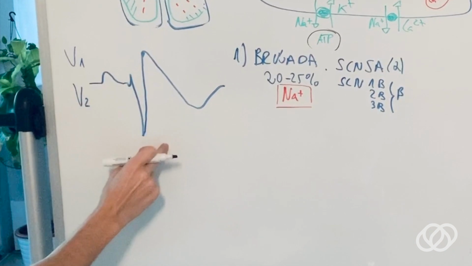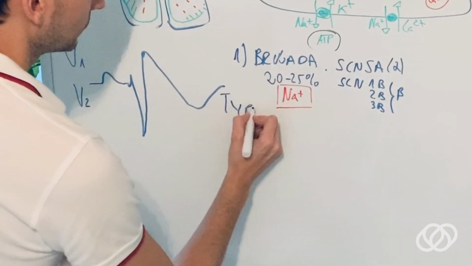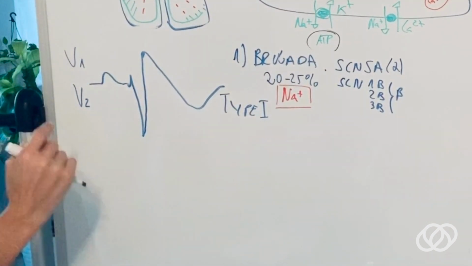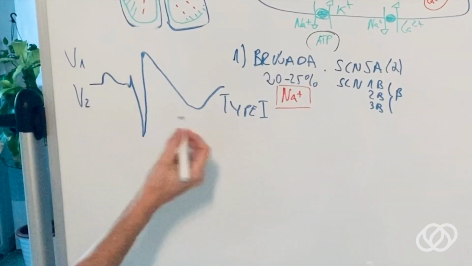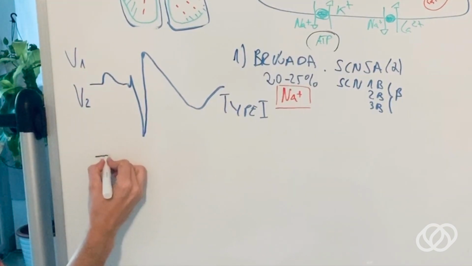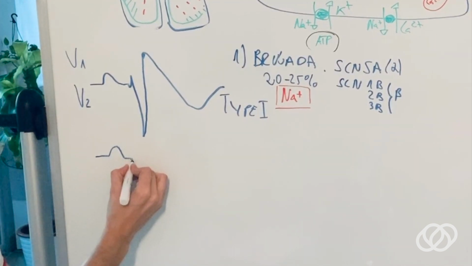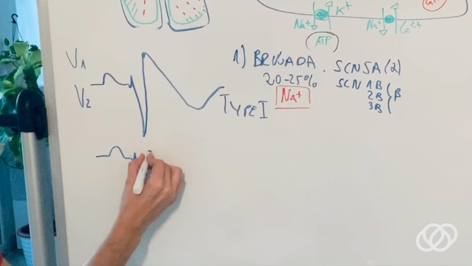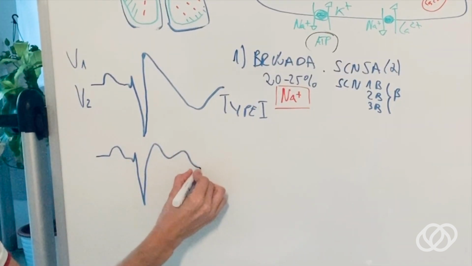This is what is called the type 1 Brugada complex, and it's the only one that is diagnostic. We could have other types of Brugada, which are minor. Like could be the type 2, where I'm going to have an elevation, but a more discrete elevation.